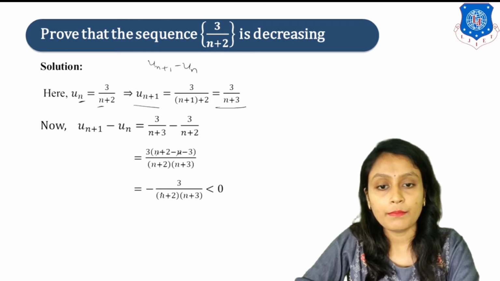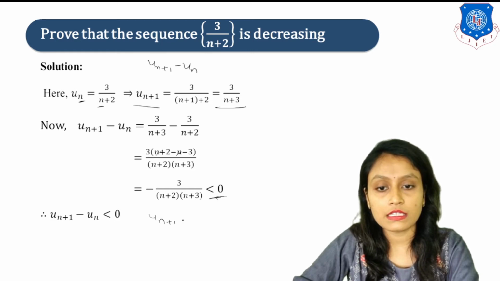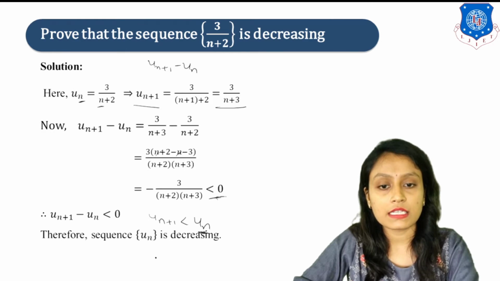So you will get minus 3 upon (n plus 2)(n plus 3), which is less than 0. So here u_{n+1} minus u_n is less than 0, so u_{n+1} is less than u_n. The (n+1)th term is smaller than the nth term, so we can say that this sequence is decreasing.